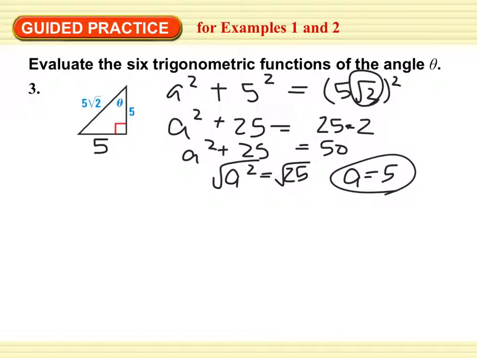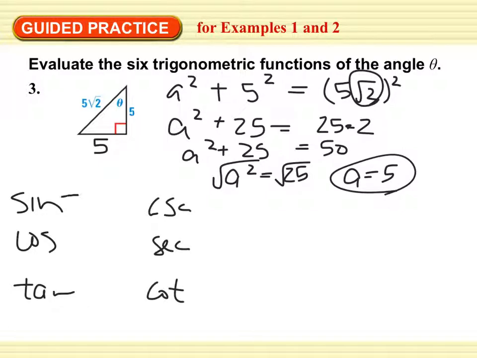Cool. Sine, cosine, tangent, cosecant, secant, cotangent, theta. So I have opposite over adjacent. Uh-oh. We have to rationalize that. Cosine is adjacent over hypotenuse. I'll get to the rationalizing.